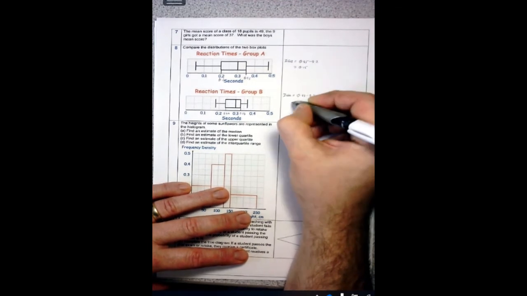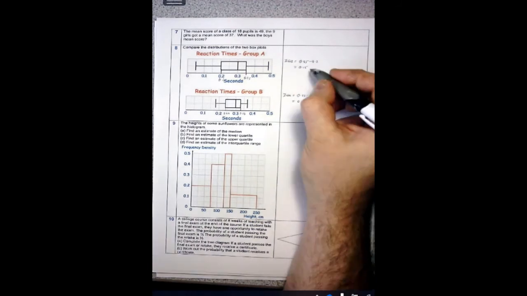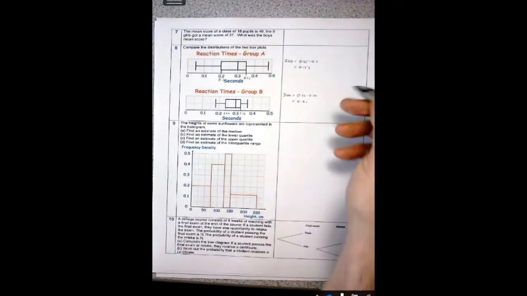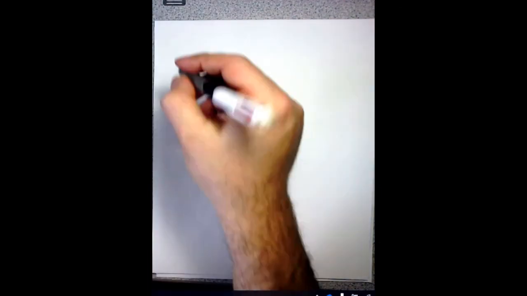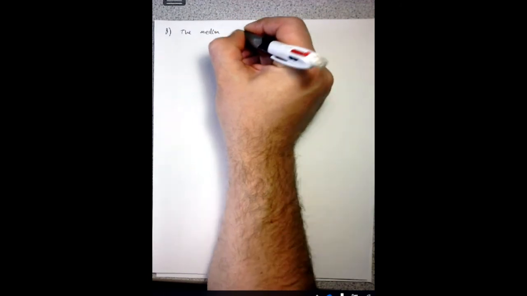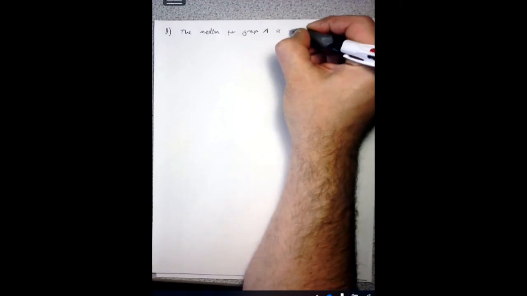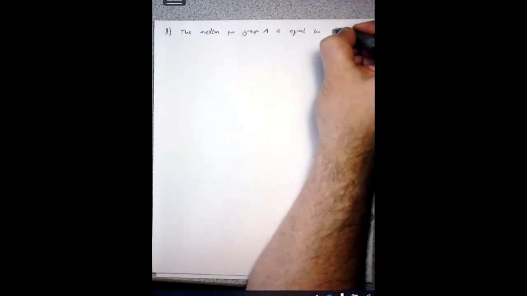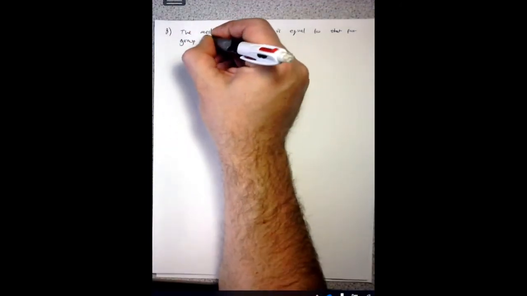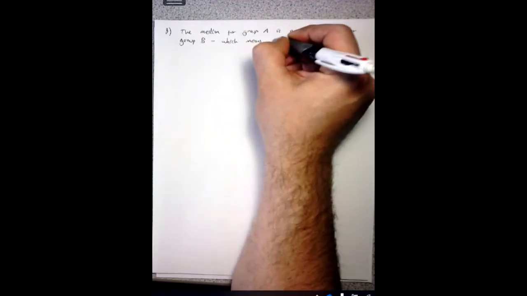The median for group A is equal to that for group B. You need to say which means that their average reaction time for both groups is the same.